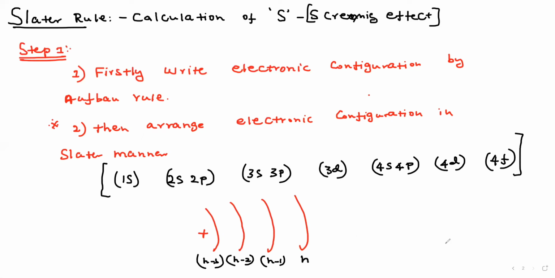Now see, very important, please note. And the third important point: for which electron can S be calculated? What is S? Screening effect, right? Screening constant.